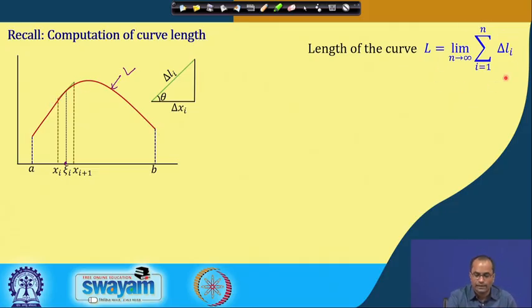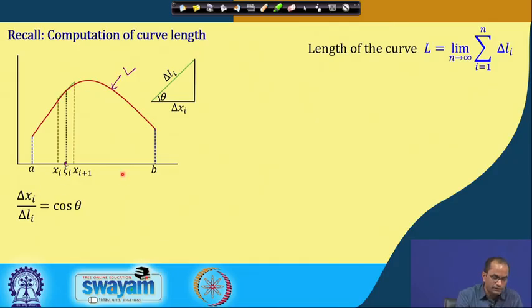So we want this limit: the sum from i equals 1 to n of delta L_i, as n goes to infinity. Now we will write this delta L_i in terms of delta x_i and the function f.